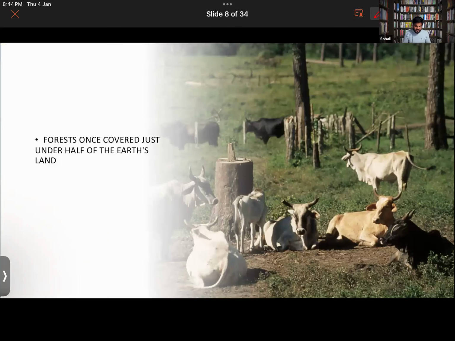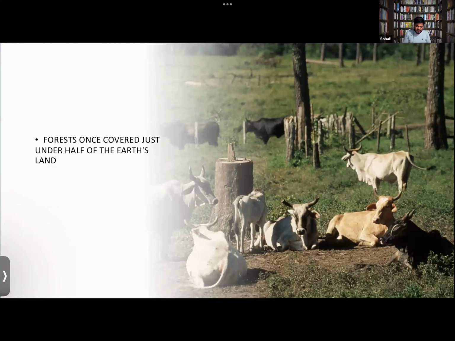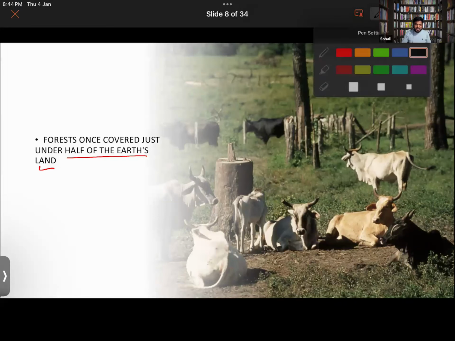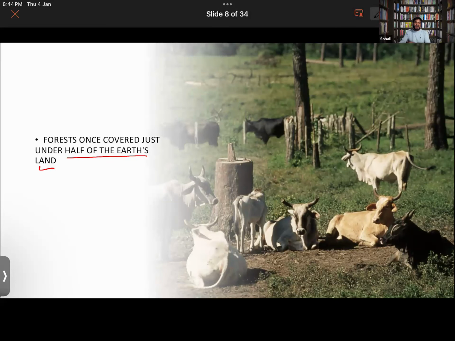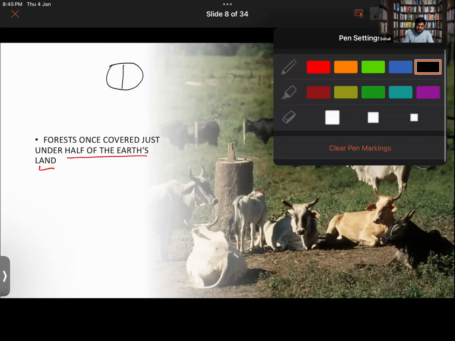Next, we know that forests once covered just under half of the Earth's land. So once human civilization started to grow and expand to different parts of the world, they started cutting the forests.